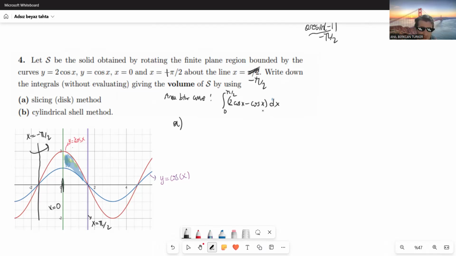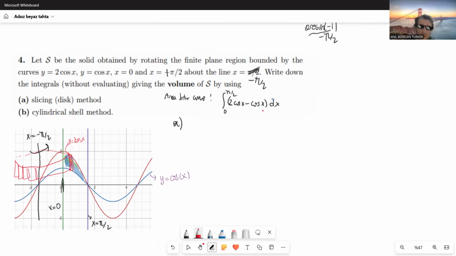Okay. Here I can use, not slice, the shell method. Okay. Take a shell. I'm gonna rotate this shell around this axis. So this shell will be like that at each step, etc. So it will be a shell.